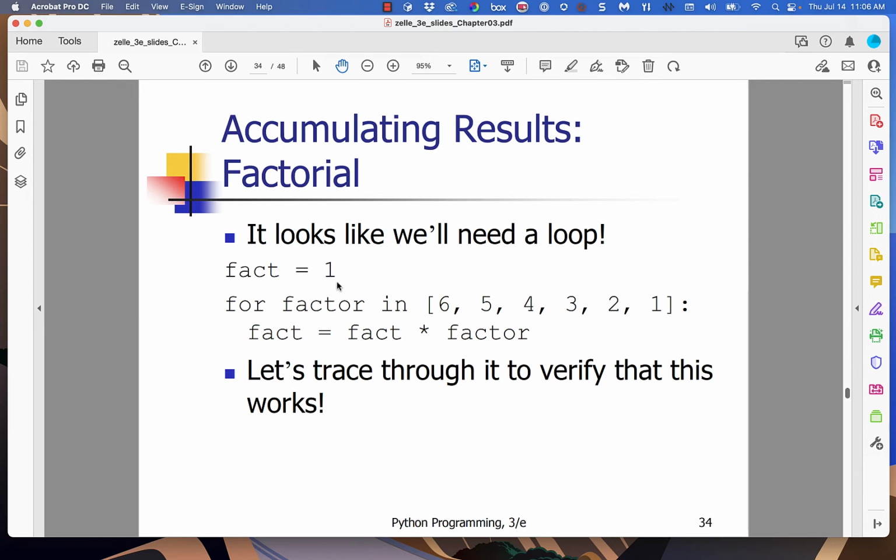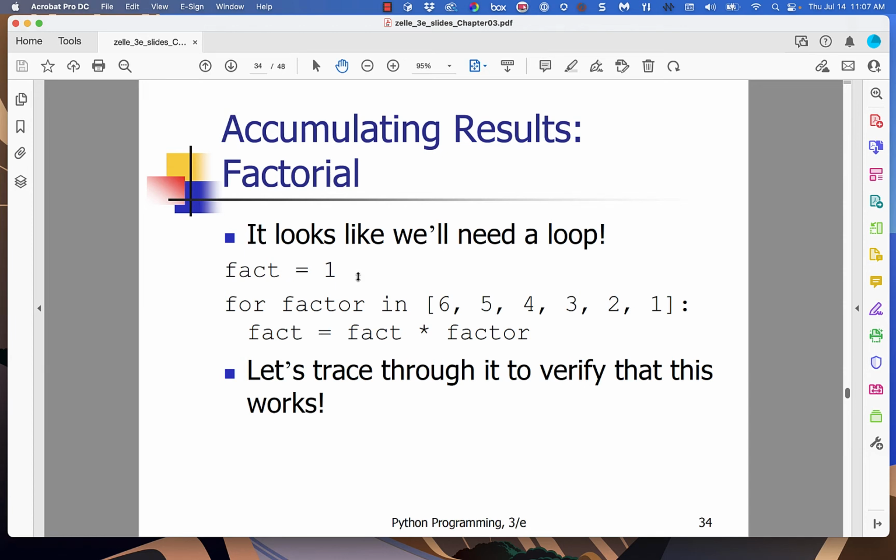Now, why 1? Well, it turns out that when you're doing this rare use of an accumulator for multiplication, the neutral initial value for multiplication is 1. Why? Because any value times 1 is equal to that value. Now, what if we were doing addition and subtraction?